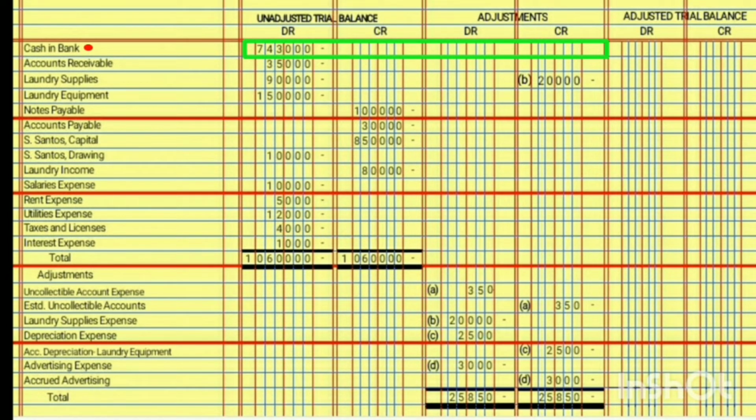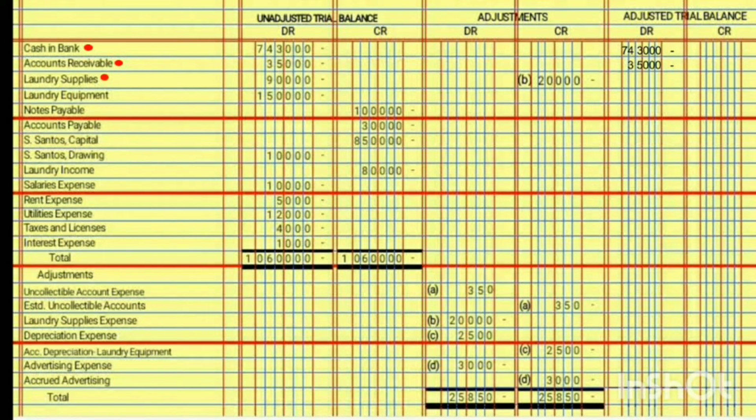So ibig sabihin, ang cash in bank ay mananatiling 743,000 debit. Next is accounts receivable with the unadjusted balance of 35,000 debit. And then walang adjustment, so that would mean accounts receivable will remain at 35,000 debit.